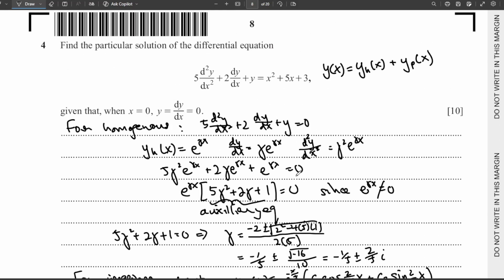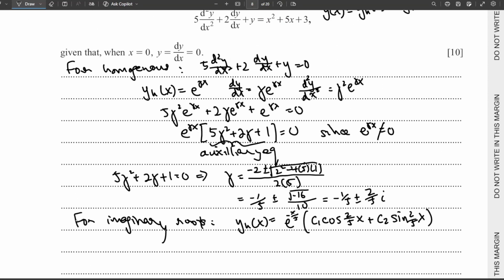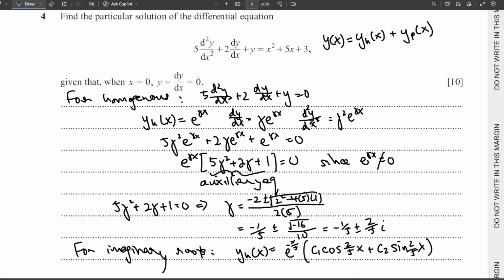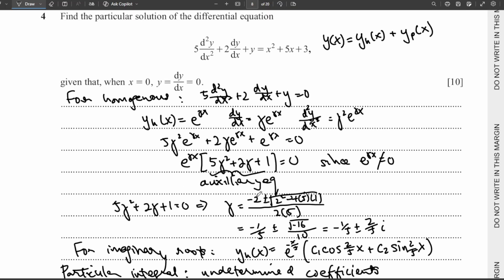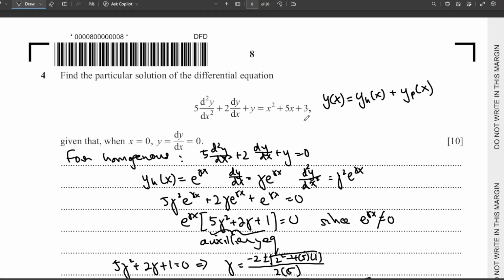We'll move on to the particular integral. For that one, we will have to use the method of undetermined coefficients. Whatever function we assume to be the solution yp of x will depend on the right hand side function.